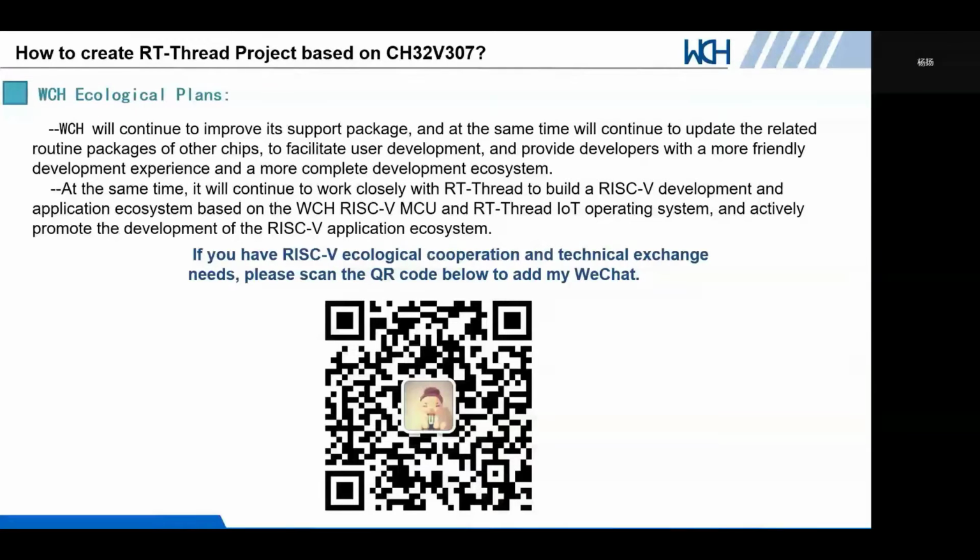At the same time, it will continue to work closely with RT-Thread to build a RISC-V development and application ecosystem based on the Qingheng RISC-V MCU and RT-Thread IoT operating system and actively promote the development of the RISC-V application ecosystem.